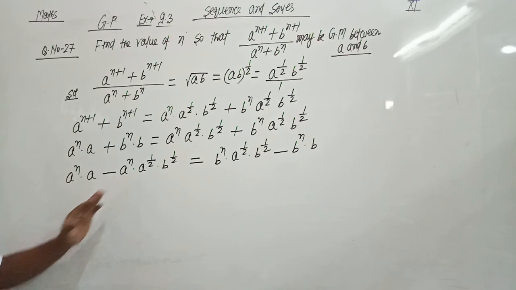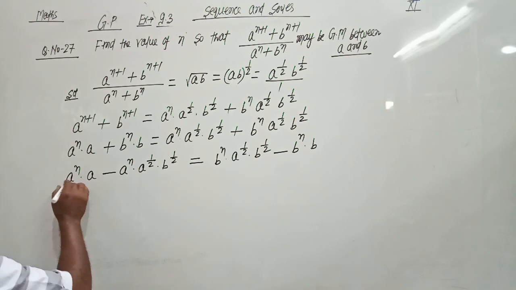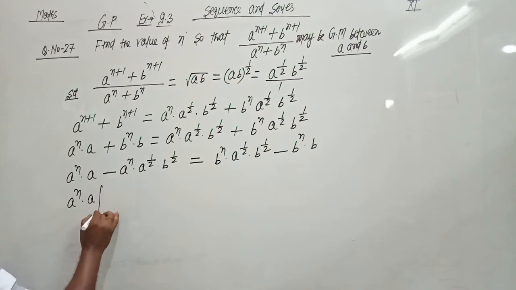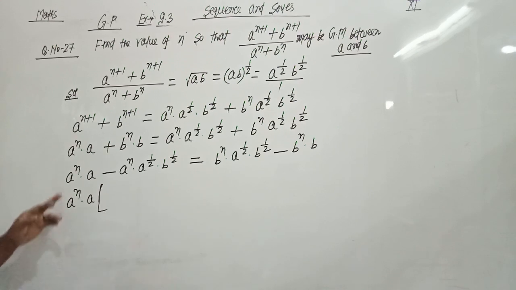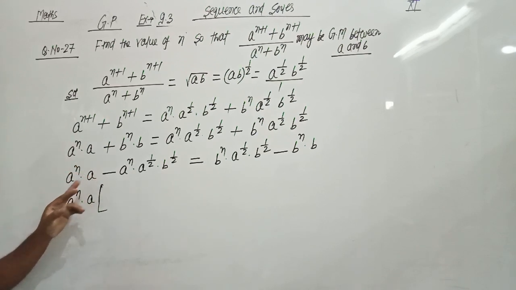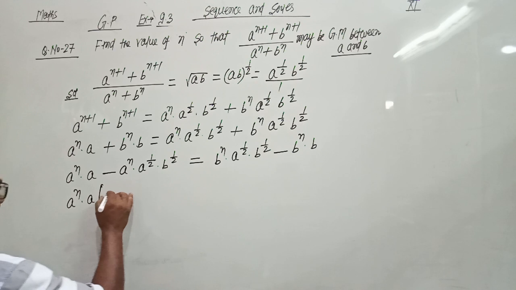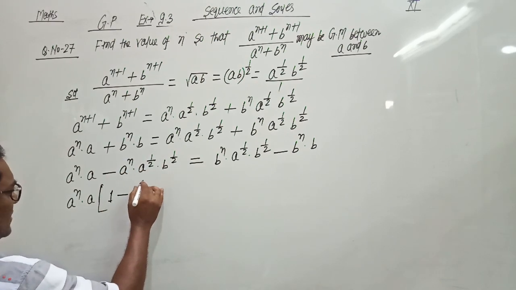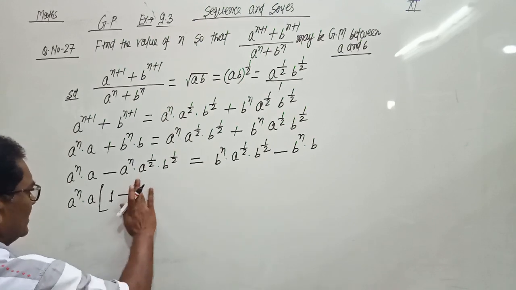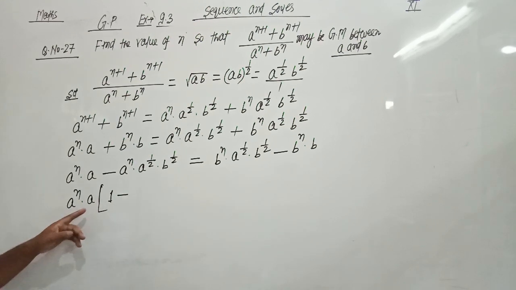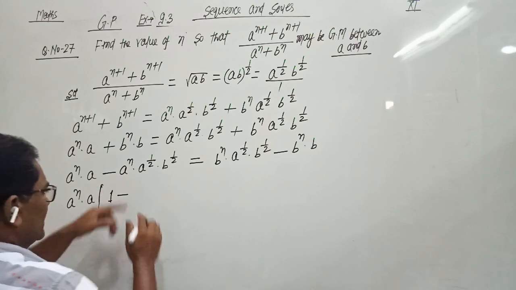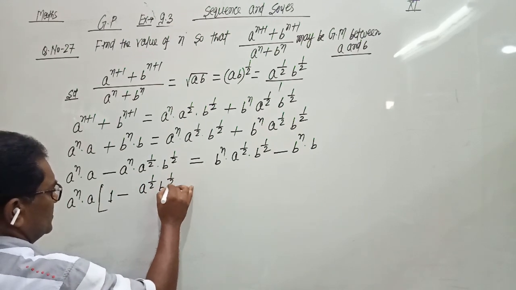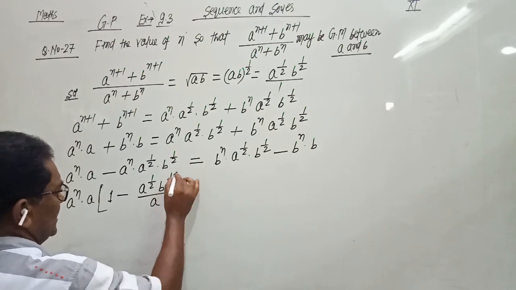Now from these two terms, we take common a raised to the power n into a. So from a raised to the power n into a, when we take common, we get here 1. And here a raised to the power n already we have taken common, and a also we have taken common, so the term a raised to the power 1 by 2, b raised to the power 1 by 2 divided by a.